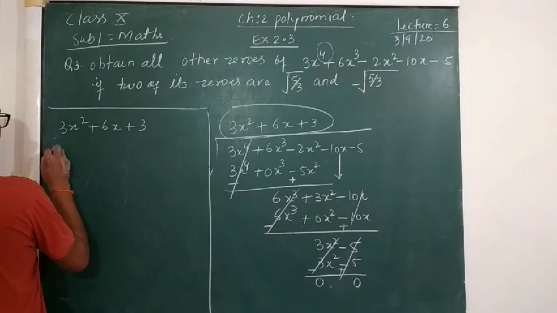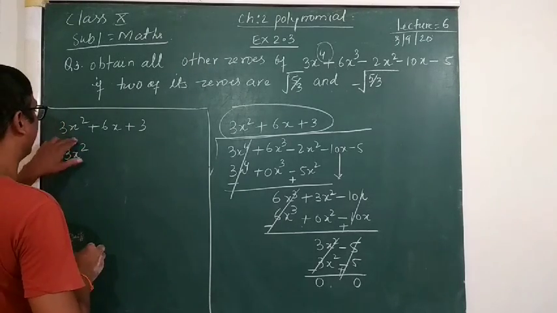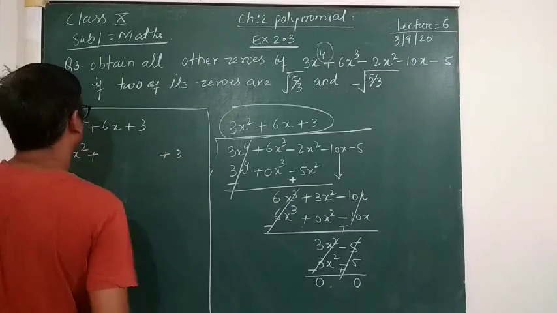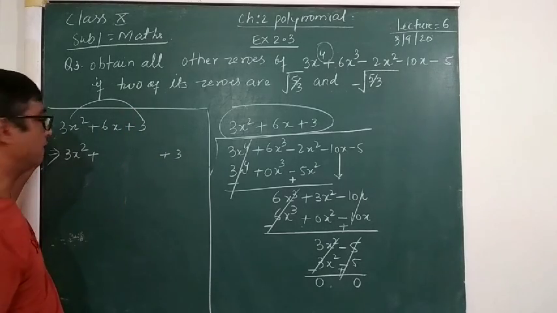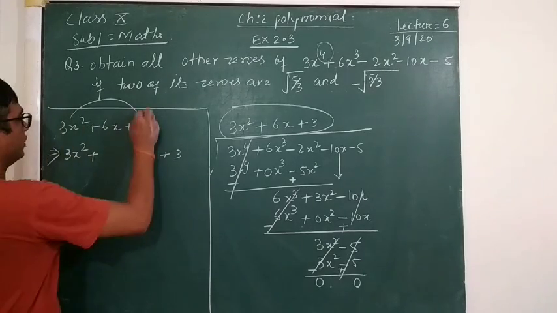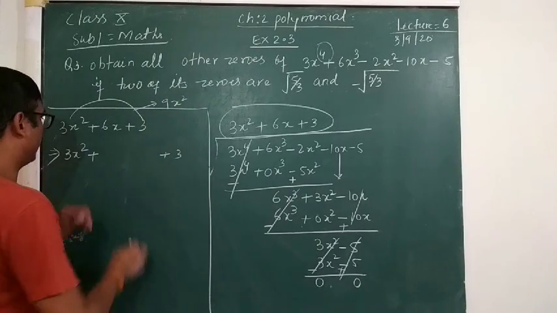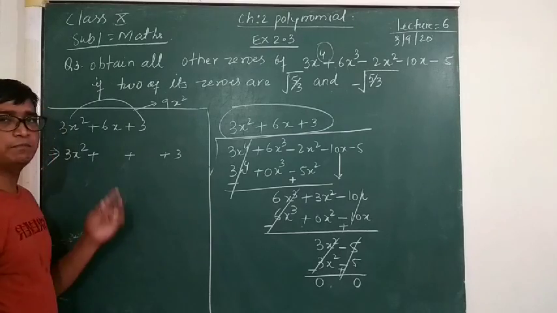So you split it: first you write the first term as it is, 3x square, and the last term 3. If you multiply, 3 into 3, you get 9x square. So put the middle sign plus.